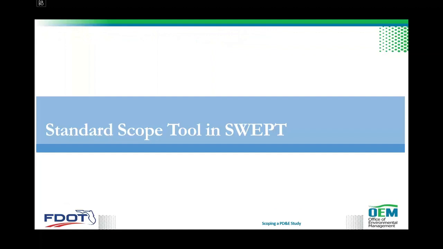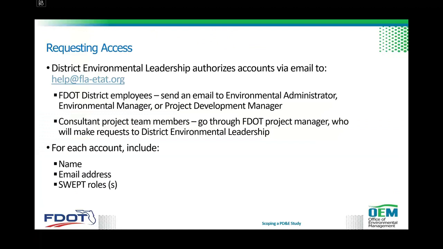Okay, so let me cover real quick the standard scope of services tool in SWEP. Requesting access is very similar to what Pete was mentioning this morning, requesting access for SWEP. This is done through the district environmental leadership. District employees should send an email to the environmental administrator, environmental manager, or project development manager.